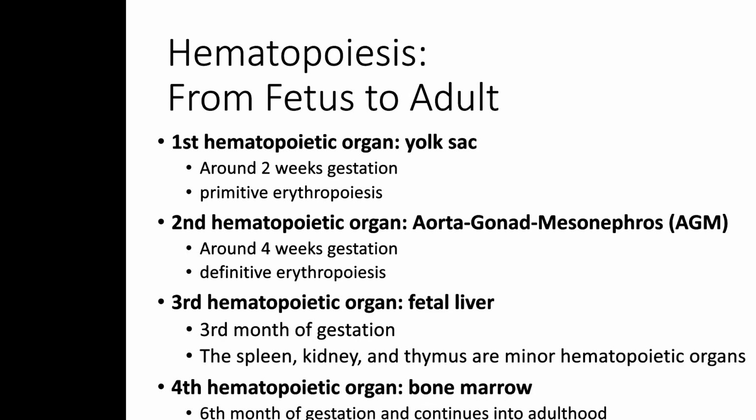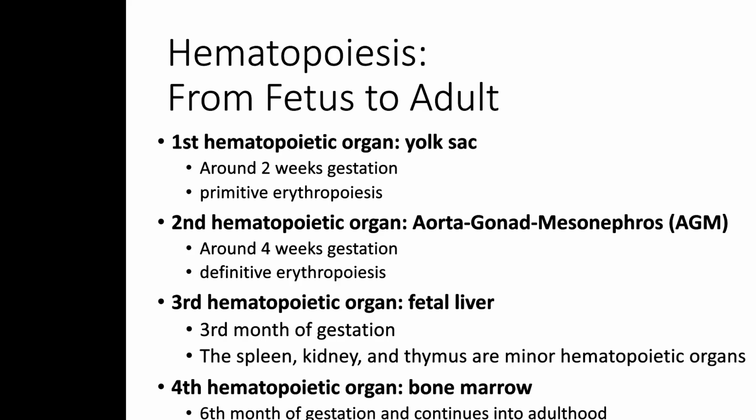So this is sort of the general pattern of development for hematopoiesis. Your first hematopoietic organ when you're around 2 weeks gestation is going to be your yolk sac. In this stage, it's called primitive erythropoiesis. Your second organ then becomes the aorta-gonad-mesonephros, AGM for short.